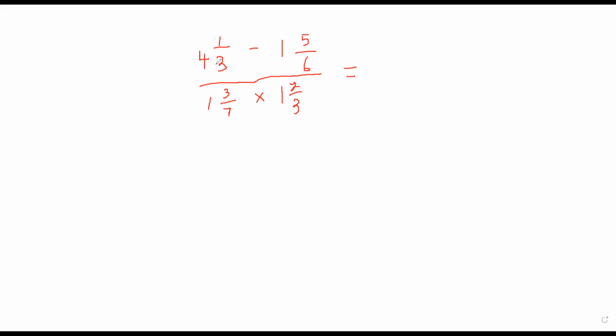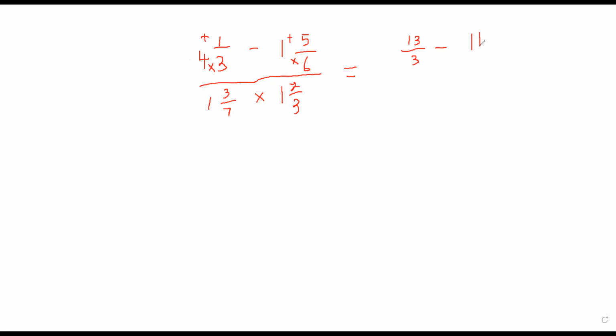So the first one, we have 4 times 3 gives me 12, and plus 1 gives me 13. So we say 13 upon 3. Remember, you always put back the denominator, right? Subtract 1 times 6 gives me 6, plus 5 gives me 11, right?